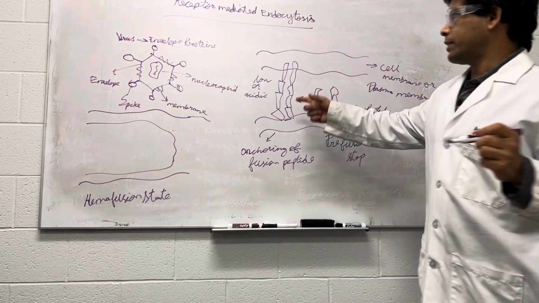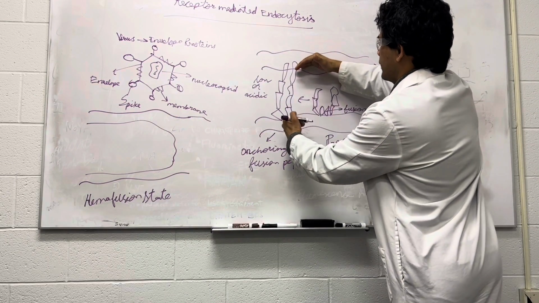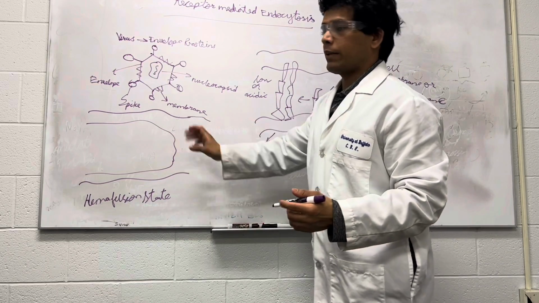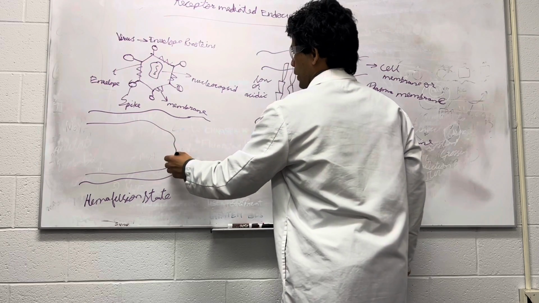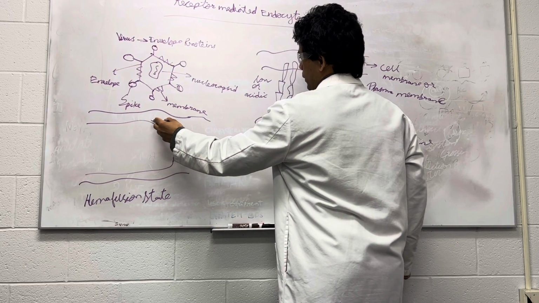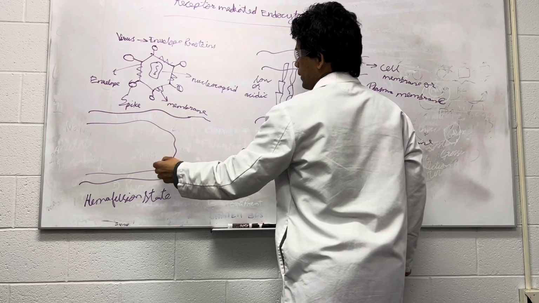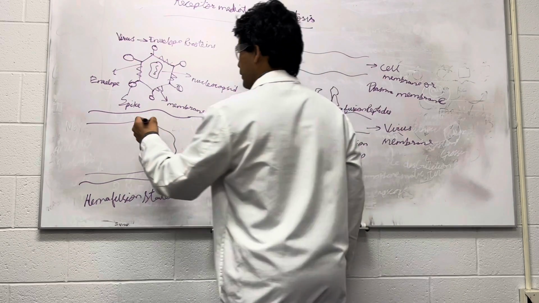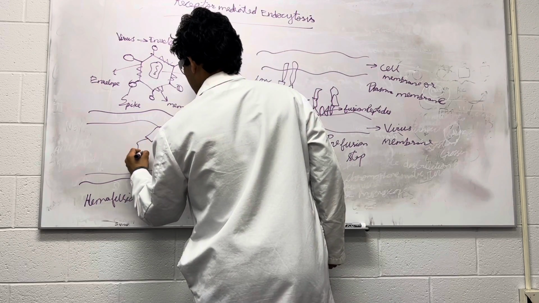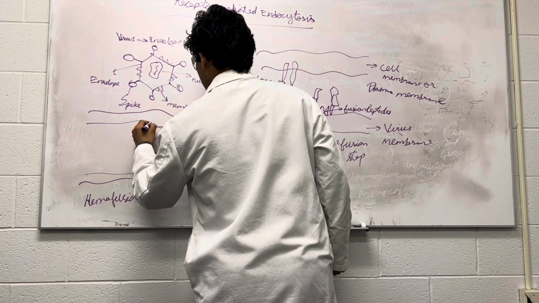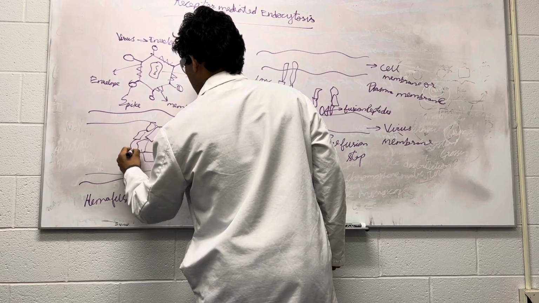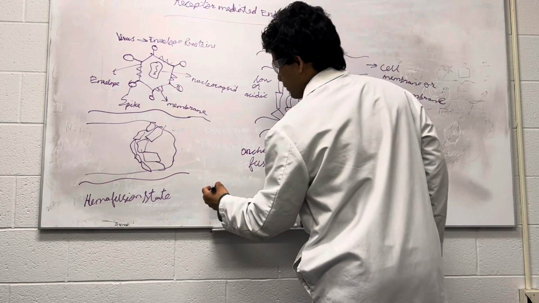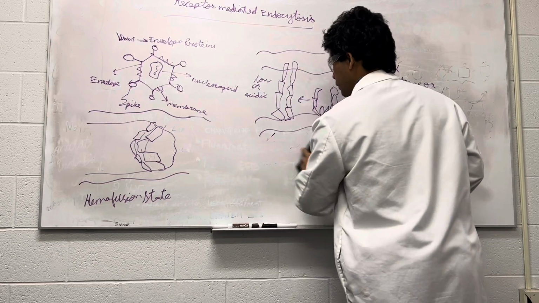So what this anchor is trying to do is contract both of these membranes and bring them in contact with each other, such that one of the bilipid layers of the cell membrane makes a bond with one of the bilipid layers of the virus membrane. This is the hemifusion state, and the final state is the post fusion state.